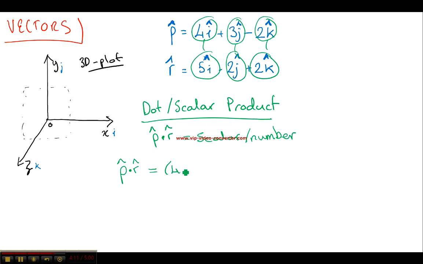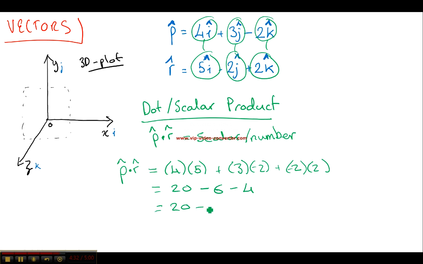It will be 4 times 5 plus 3 times minus 2, plus minus 2 times 2. That will equal 20 minus 6 minus 4, which equals 20 minus 10, which equals 10.